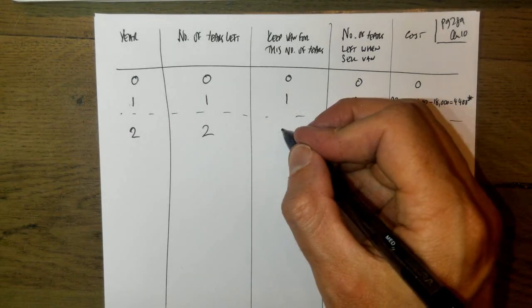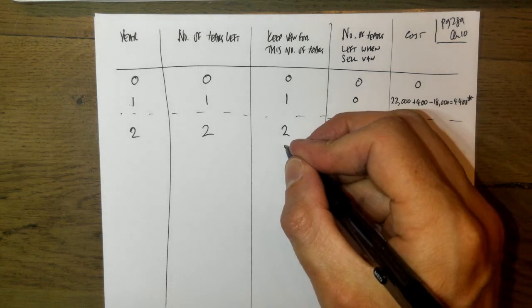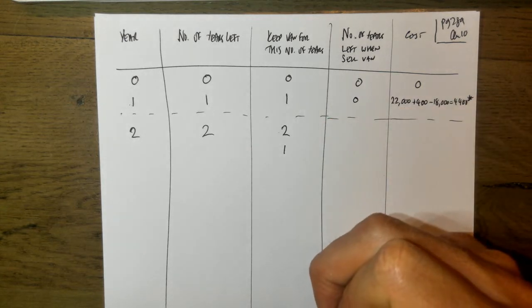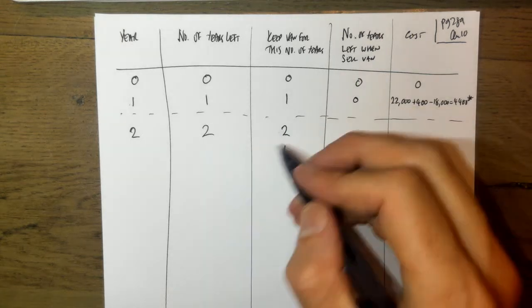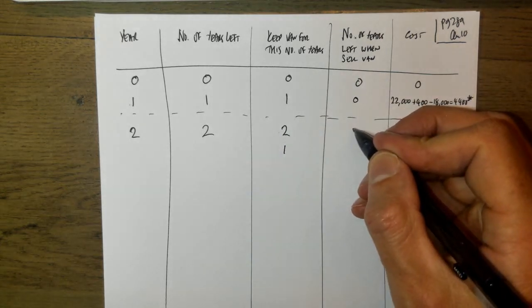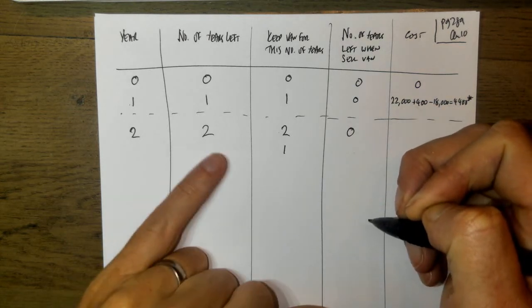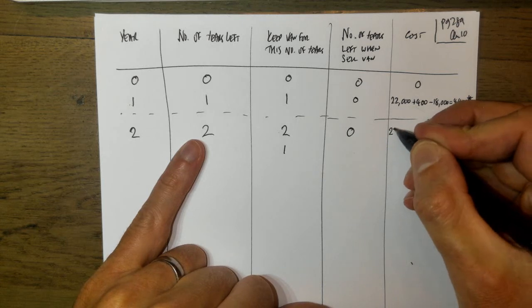He could keep the van for the full 2 years remaining, or he could keep the van for 1 year remaining. Okay. So if he keeps it for 2 years, the number of years left when he sells the van is 0, isn't it? So he's bought the van with 2 years to go, so it's cost him 22,000.